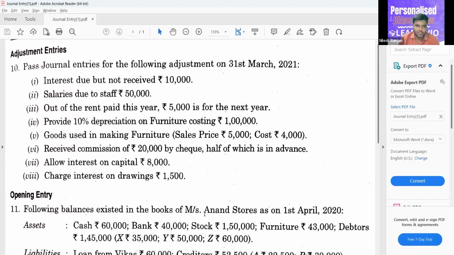It is said that out of the rent paid this year, 5,000 is for the next year. So prepaid rent is an asset for us.